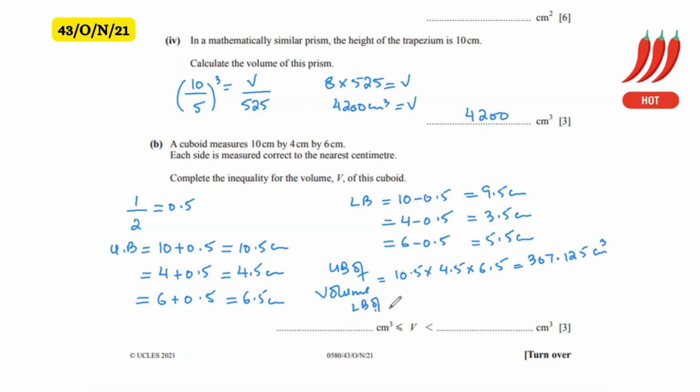And lower bound of volume would be 9.5 times 3.5 times 5.5, which gives us 182.875 centimeters cubed. So V is smaller than 307.125 and bigger than 182.875. That is your answer.